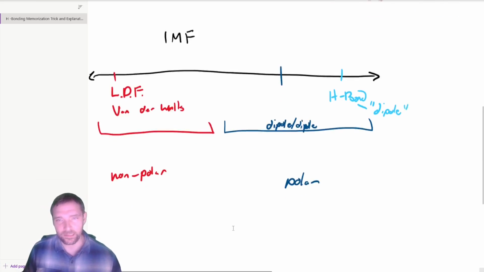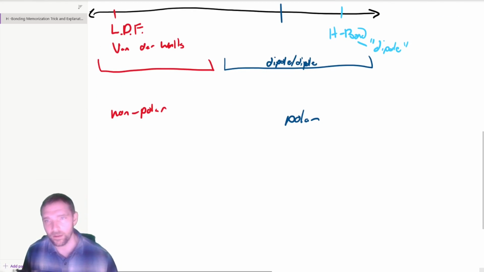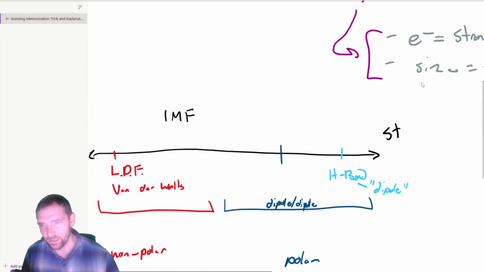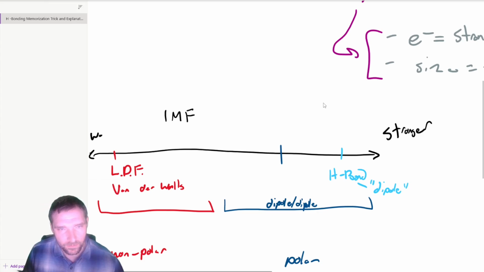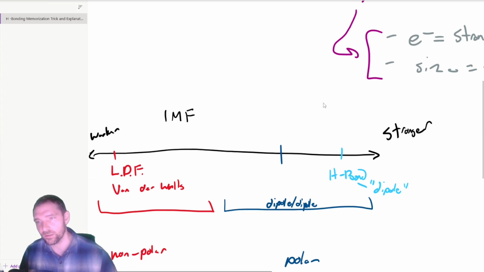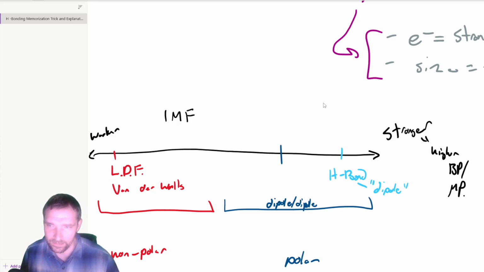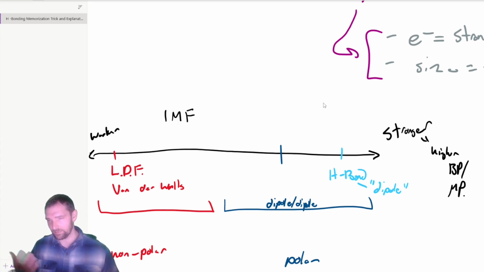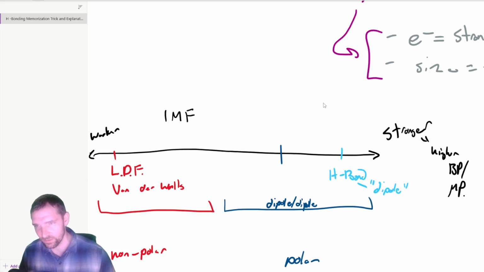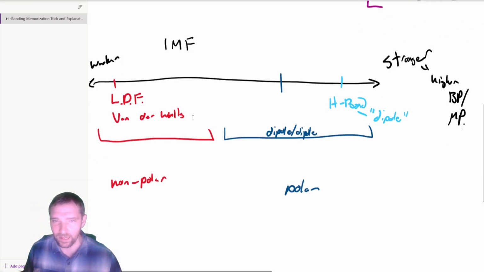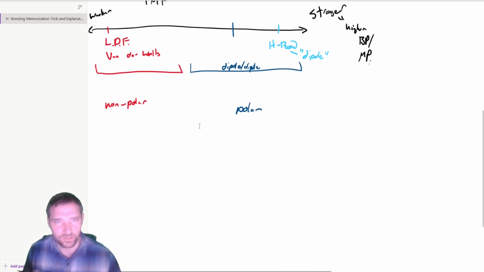So these things that are further over to this side, they're going to be stronger, and these are going to be weaker. The stronger things should have higher boiling points and melting points. And there's a number of other things that you can talk about, like vapor pressure, etc. All these different things can be related to how strong these things are holding on to each other.